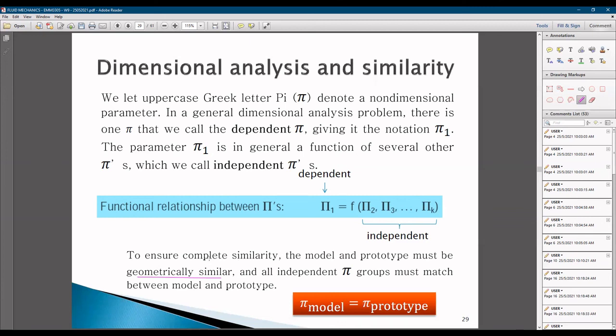Previously, I showed you the Reynolds number of a model equal to the Reynolds number of a prototype. This is the pi. Pi can be anything. It can be the Reynolds number, a coefficient of drag, a coefficient of lift, and many other things. That you will see later.